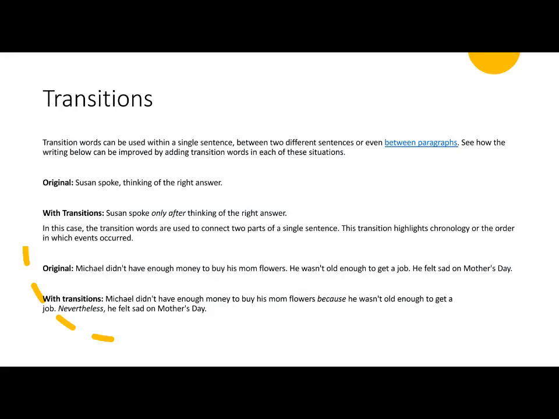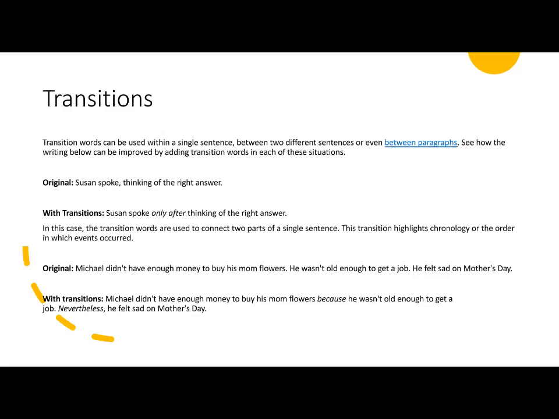So an example is: Susan spoke, thinking of the right answer. Now with the transition, that sentence goes: Susan spoke only after thinking of the right answer, which is a clearer transition because now you know that Susan spoke only after thinking of the right answer.